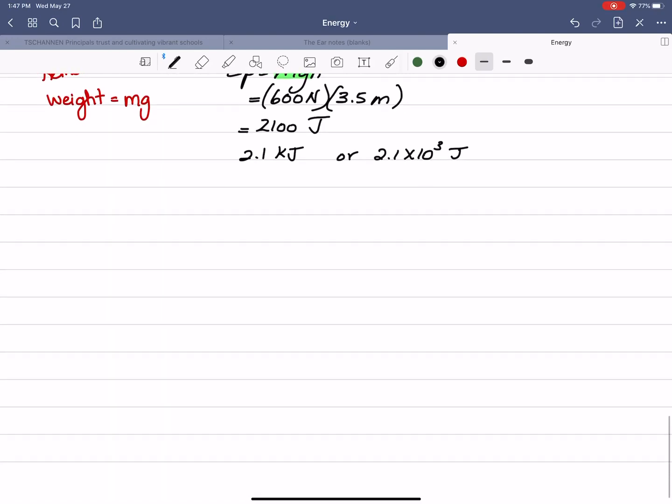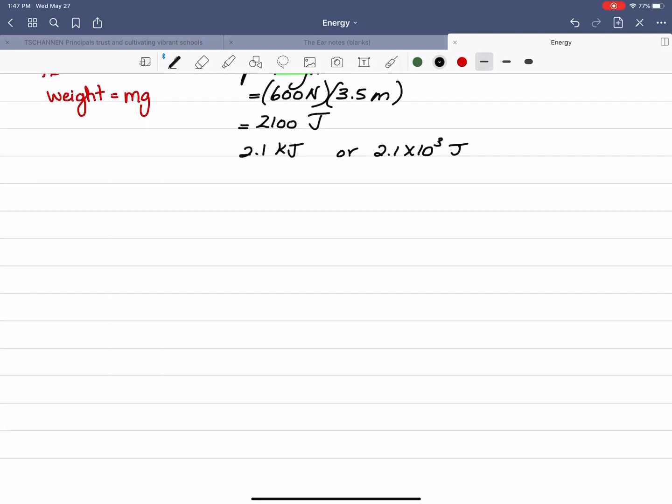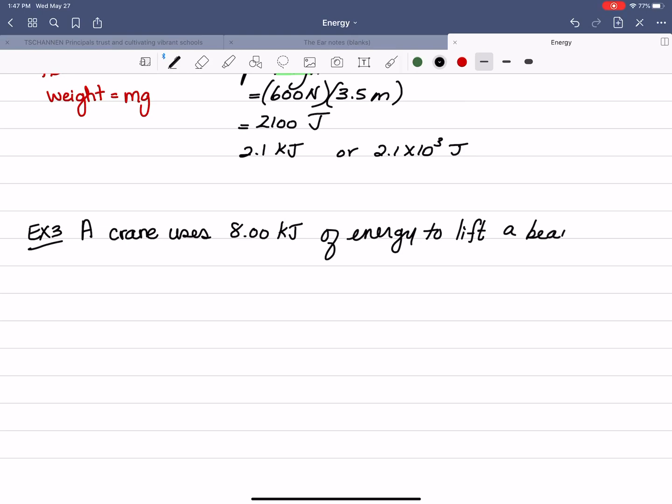Let's see a question where we have to manipulate our formula. So example 3. So this time we're going to start with the EP. So we have a crane that uses 8.00 kilojoules of energy to lift a beam onto a building.